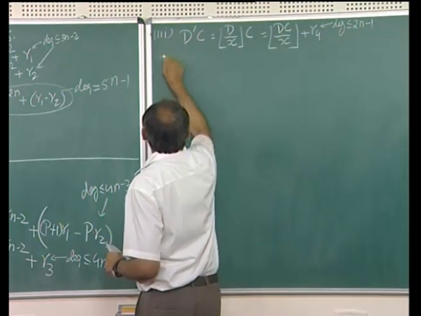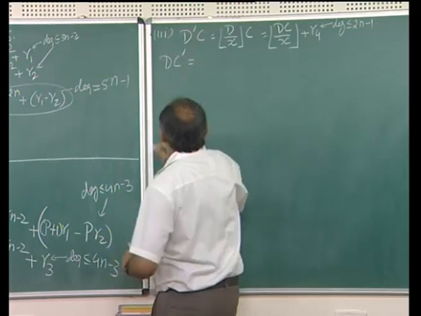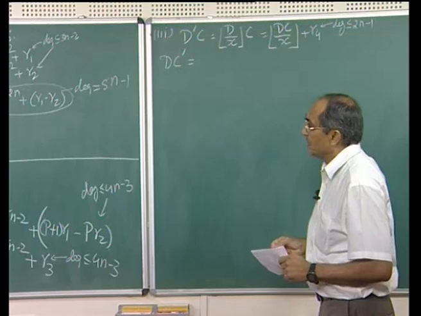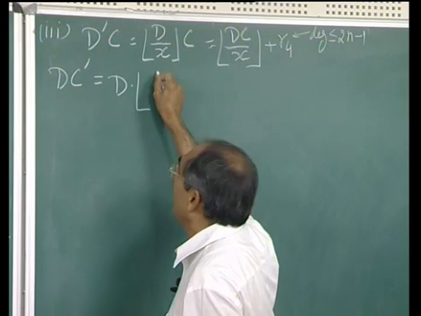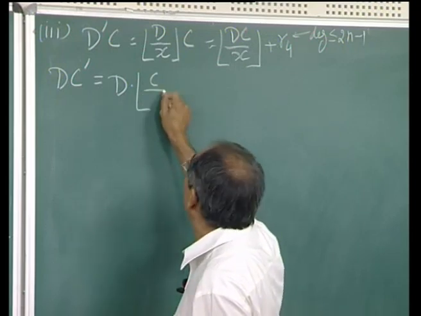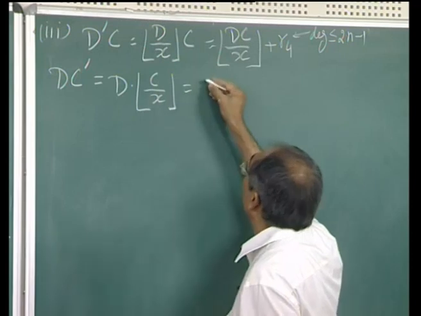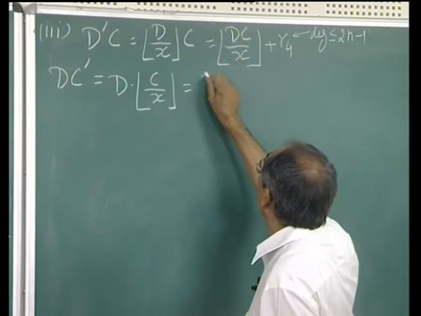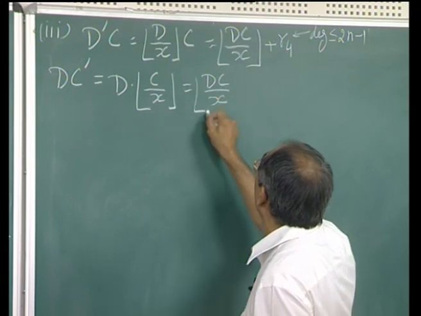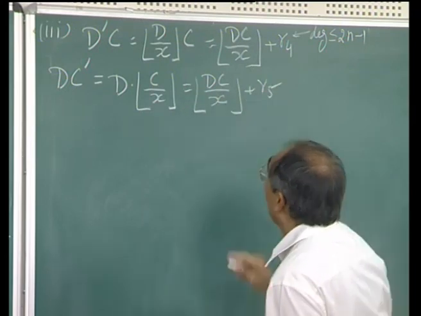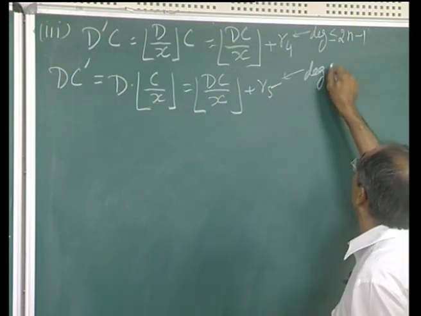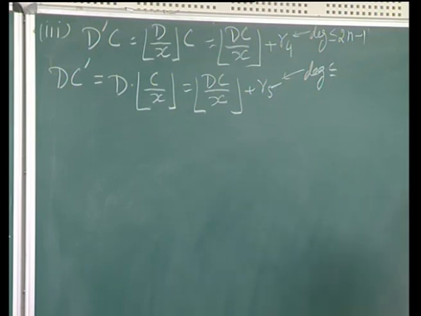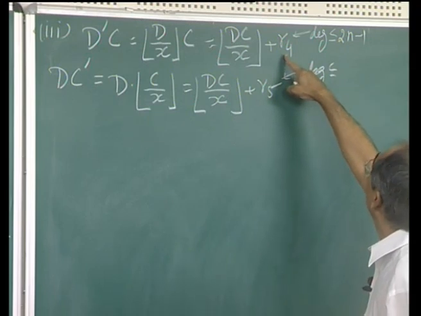Now, let us write down the expression for dc prime. dc prime times c prime is c divided by x. That also can be written from our lemma as dc divided by x floor plus r5, and the degree of this term is less than, here we had the degree of c, which is correct.